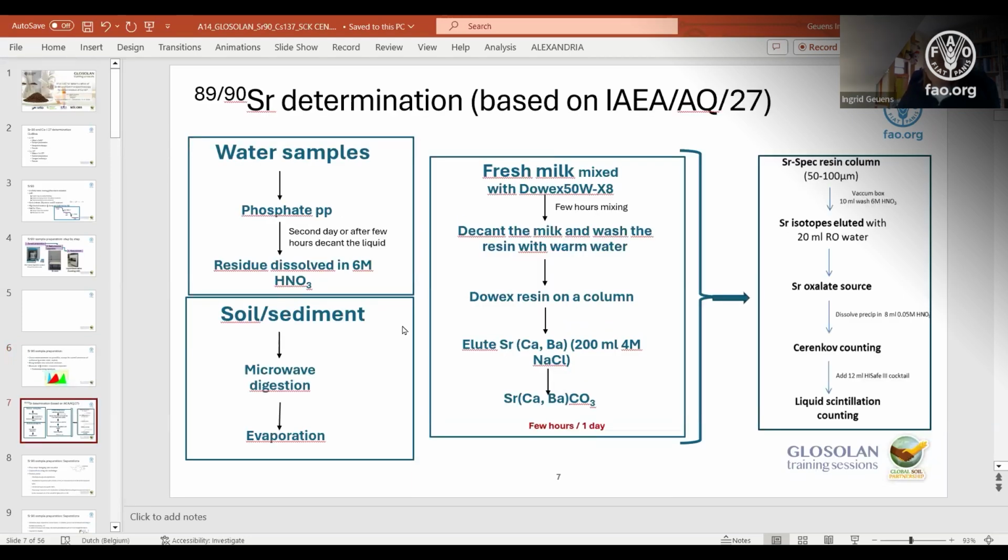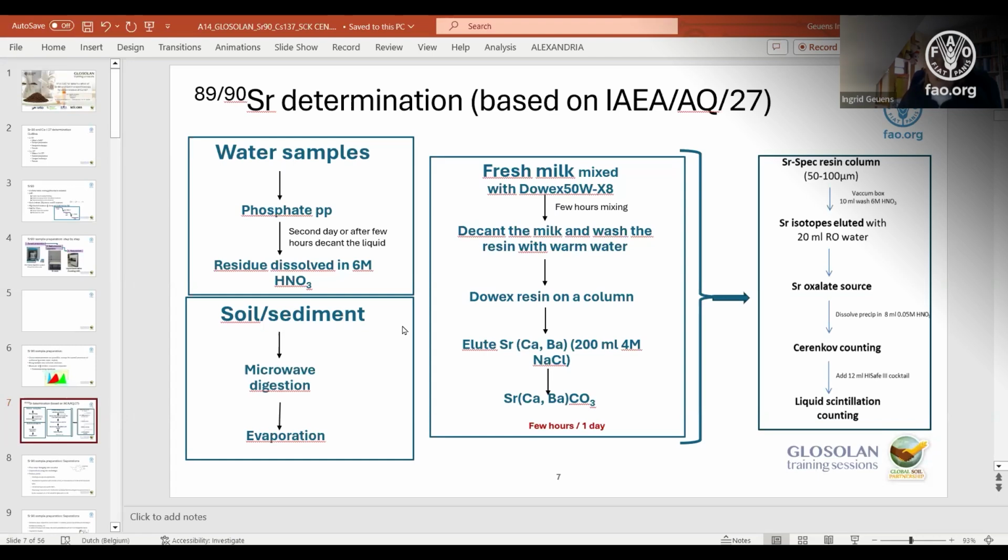Here are some ways we do it according to IAEA sample preparation steps. They are officially documented, how to do those.